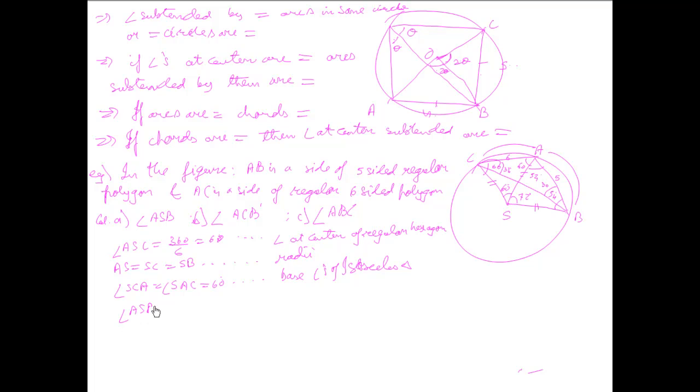Next children, angle ASB equals 360 by 5. That's for a pentagon. That gives you 72 degrees. Therefore children, angle ACB is equal to half angle ASB, which is equal to 36 degrees, and angle ABC is equal to half angle ASC is equal to 30 degrees.